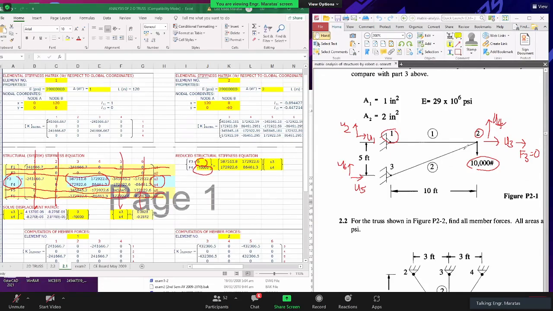I received an email asking about the sign, no? So the sign: if going to the right, it should be positive. Going upward, it should be positive, no? If it's going to the left, that should be negative. I think the problem is that the negative was already included. It was already considered negative, no?